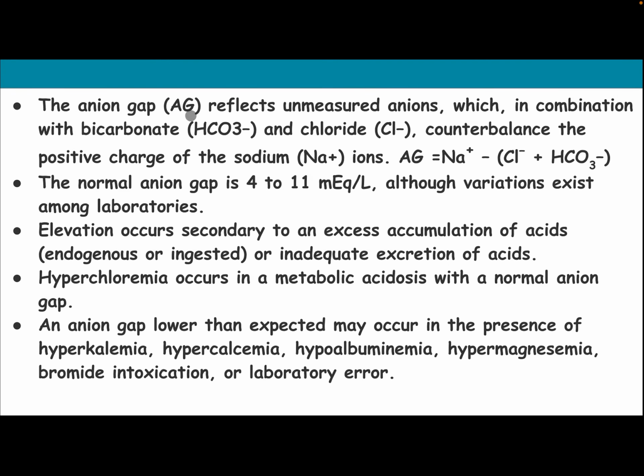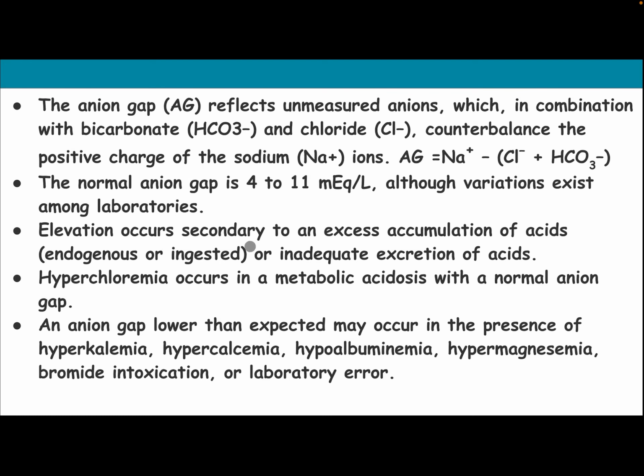The anion gap reflects and measures anions, which, in combination with the bicarbonate and chloride, counterbalance the positive charge of the sodium ions. Anion gap equals sodium, which is the positive, minus chloride plus bicarbonate. The normal anion gap is 4 to 11 milliequivalents per liter, although variation exists among laboratories.